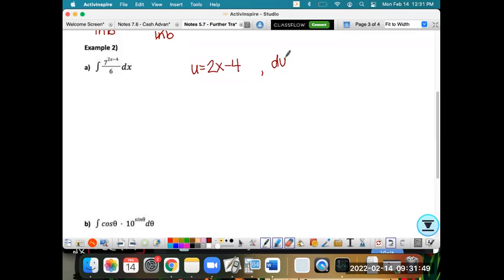And du dx would be 2. Because I don't have just a plain 2 in my integrand here, I'm going to solve for dx completely. So I would get du over 2 equals dx.